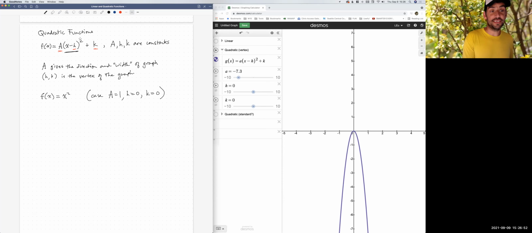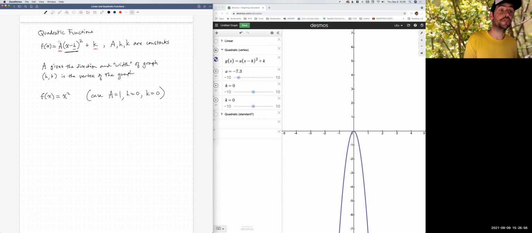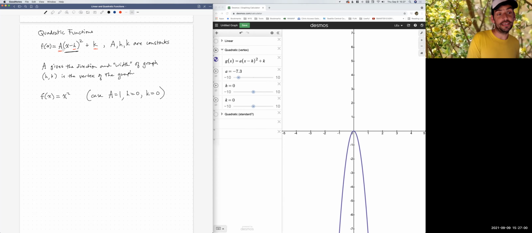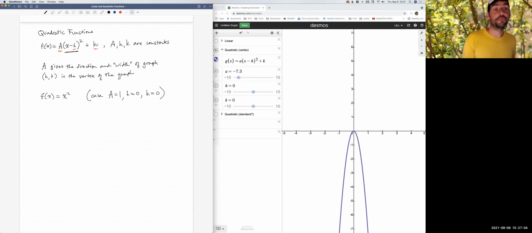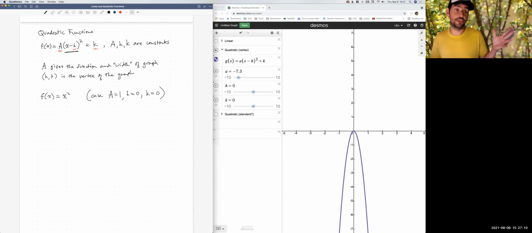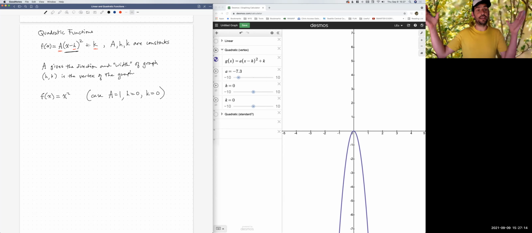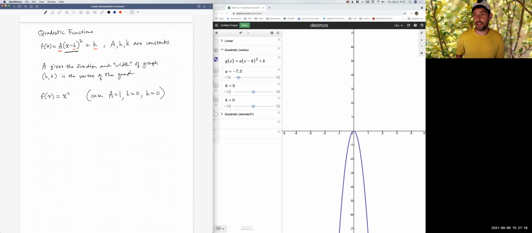So the thing that gets squared is either positive or 0. It's never negative. If a is positive, that means this whole front piece can never be less than 0. And so the smallest this function can be is whatever the value of k is, because as you increase or decrease x from that point, the squaring keeps it positive and the values begin to grow. If a is negative, it just flips all of that logic around.